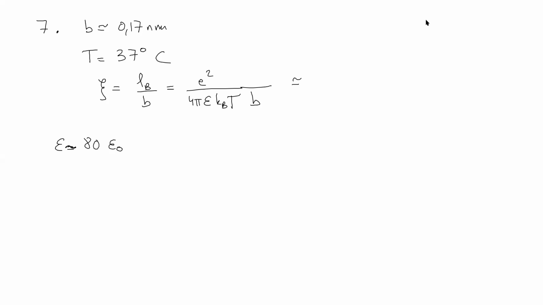So e is typically 10 to the minus 19 Coulomb, in SI units, and epsilon naught is 10 to the minus 11, sorry, and kB is 10 to the minus 23. Okay, so we get something like a few units, 4. So Xi for DNA in realistic conditions is bigger than 1.